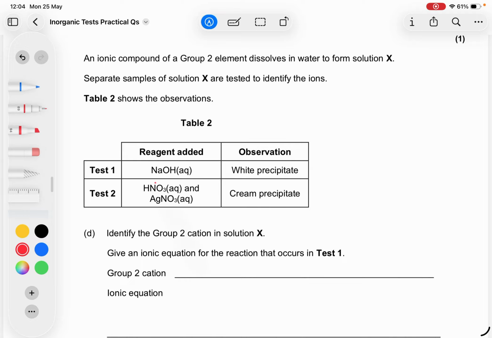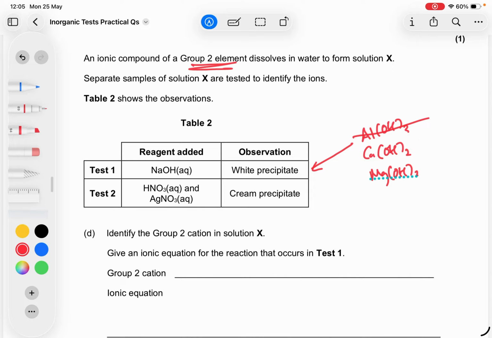When sodium hydroxide is added to something, you get a white precipitate. You can get aluminium hydroxide, you can get calcium hydroxide, and you can get magnesium hydroxide. But because the question says group 2, it won't be aluminium hydroxide.